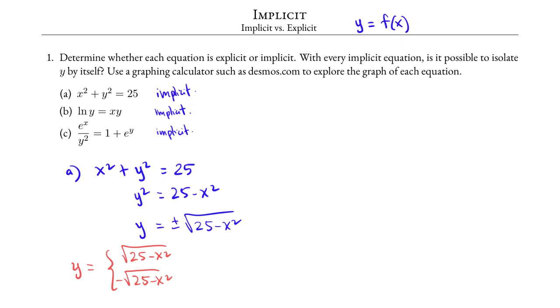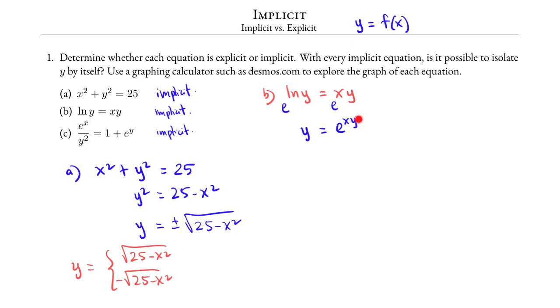For the second part, B, ln of y equals x times y. If we try to isolate y, then we have to exponentiate both sides of the equation to get rid of ln. But the moment we get rid of ln, we would need to introduce e, and we cannot get y on the right side from e to the xy.